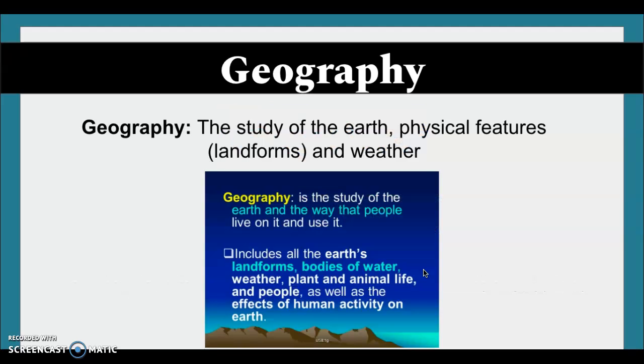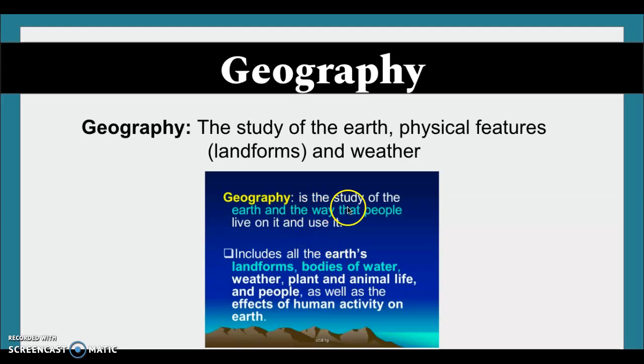All right, moving on. Our definition of geography is the study of the Earth's physical features, which are landforms, as well as weather. This is usually where I would have a really cool picture of geography. Instead, I included this image because I actually like this definition a little bit better than the one I gave you.